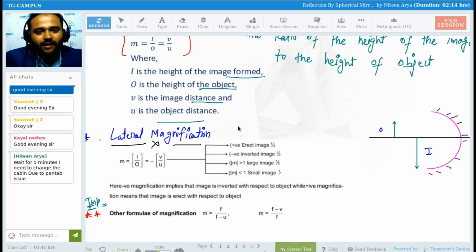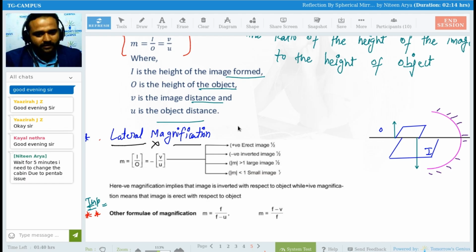But instead of that, I can draw this also. And then the image of this is going to be large if I make it in this way, or if I want to make it small, that is going to be in the reverse case. But most of the time from the concave mirror we get a real and enlarged image.